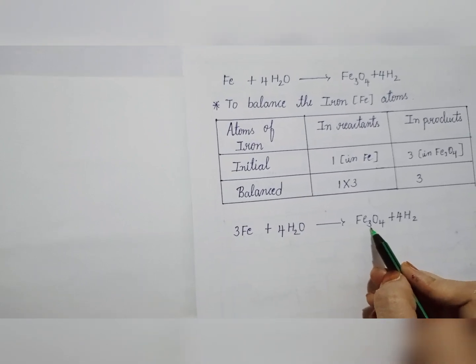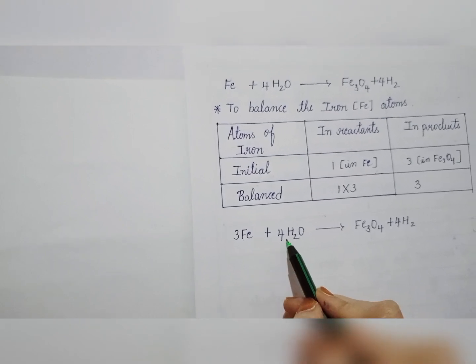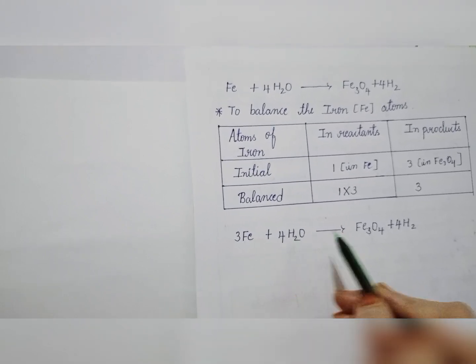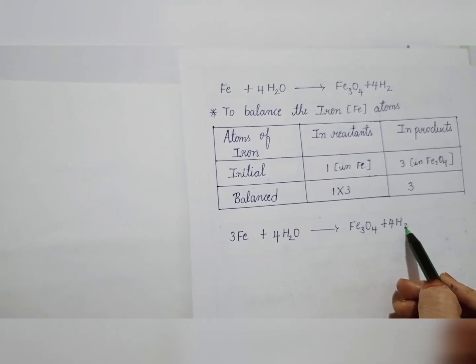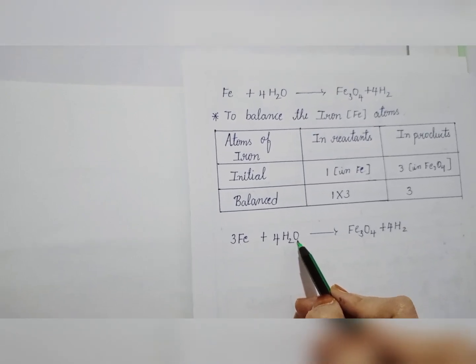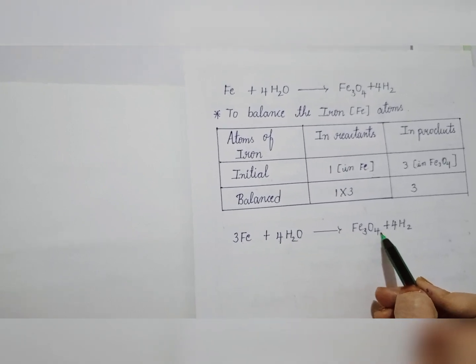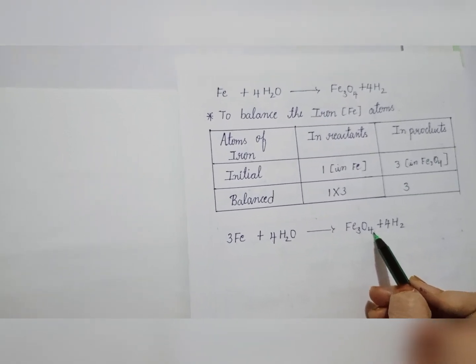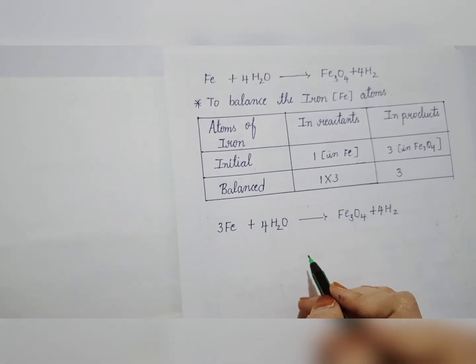In the product side also 3 iron atoms are there. In the reactant side 8 hydrogen atoms are there. In the product side also 8 hydrogen atoms are there. In the reactant side 4 oxygen atoms are there. In the product side also 4 oxygen atoms are there. Hence the equation is balanced.